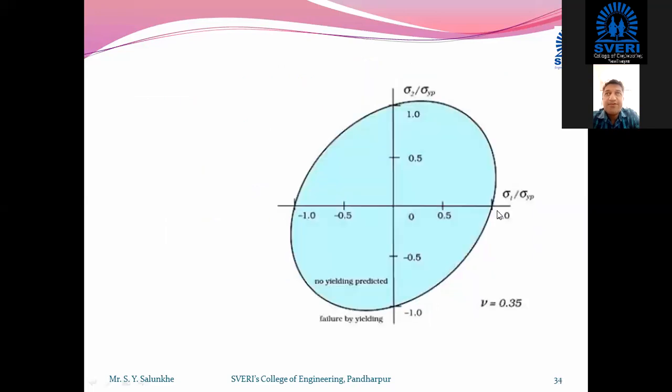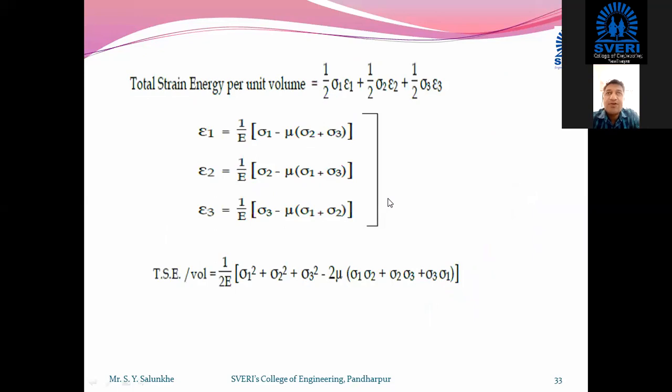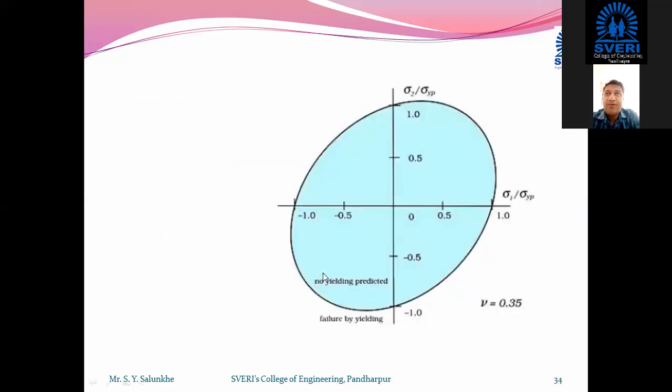Okay, so here we get an ellipse, because the equation which we get is the equation of an ellipse, and from that we get this type of curve.